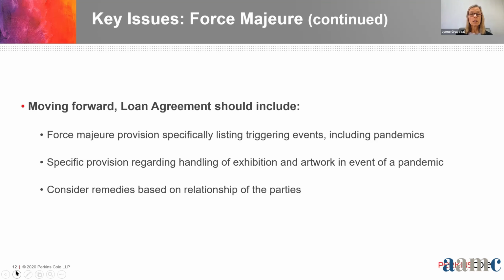And the parties in the negotiations should consider their remedies based on their relationship, and that could include termination of the contract, excusing certain obligations of performance under the contract, permitting a delay, an extension of the loan, and addressing storage and security issues during the force majeure or pandemic event.